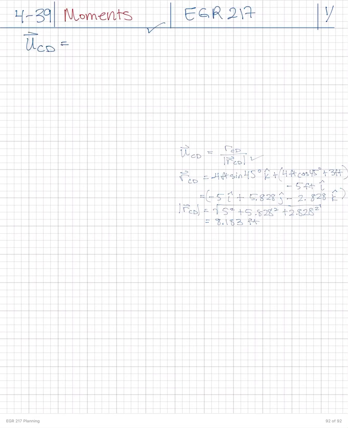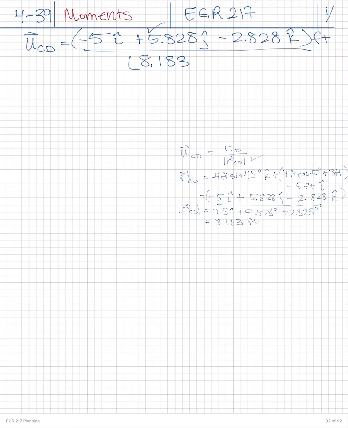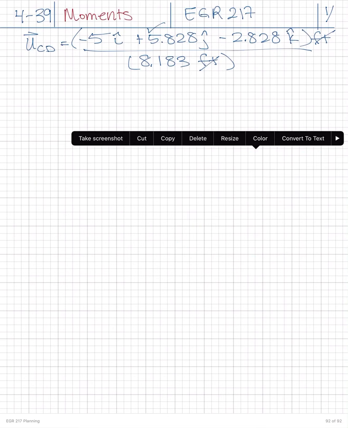It's going to equal that position vector from C to D, so that negative 5I plus 5.828J minus 2.828K, and that's divided by that 8.183. And that's feet on the top, and it's feet on the bottom. So the units cancel out, which is good. Now we can figure out what our unit vector is. I'm just going to erase the stuff I'd copied over.